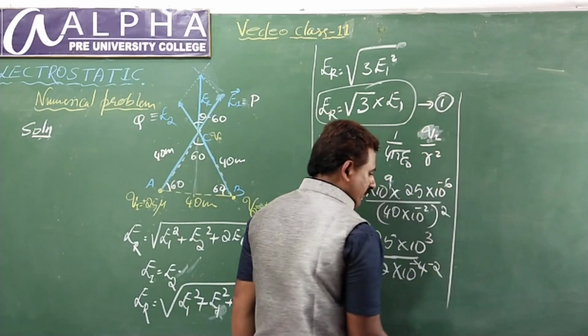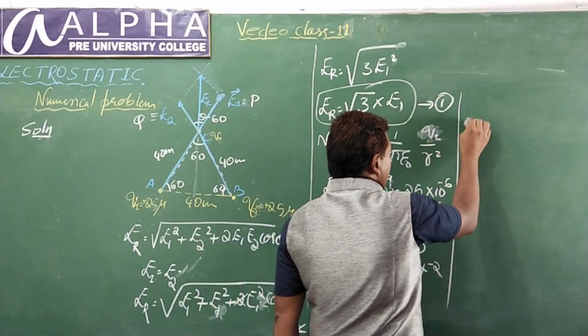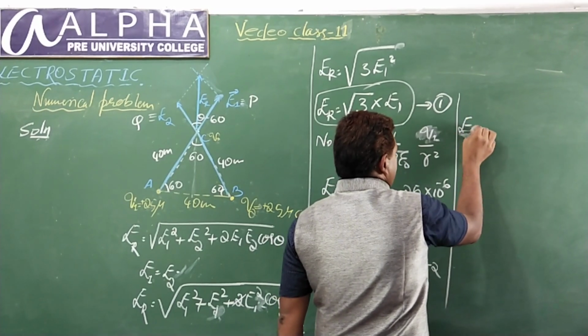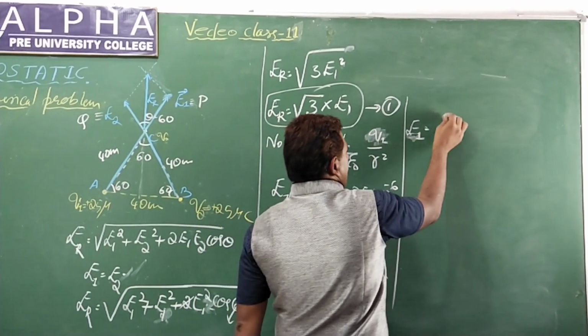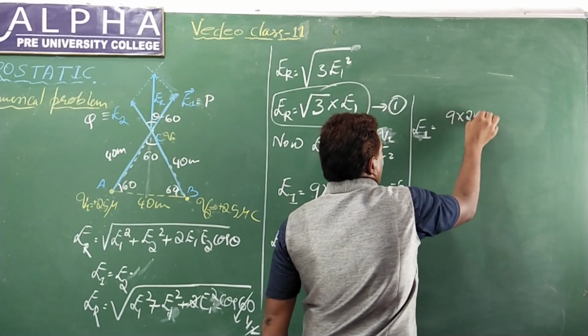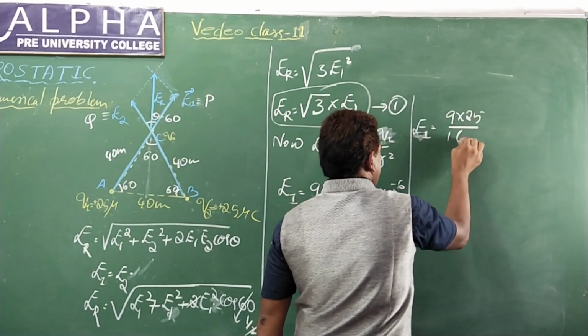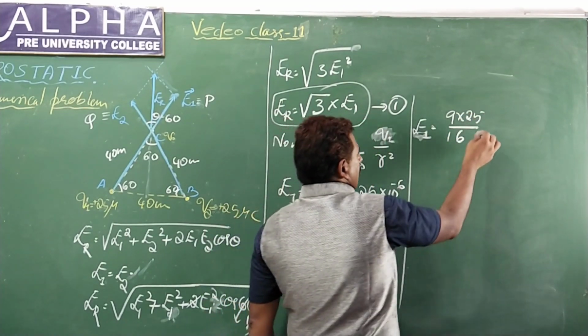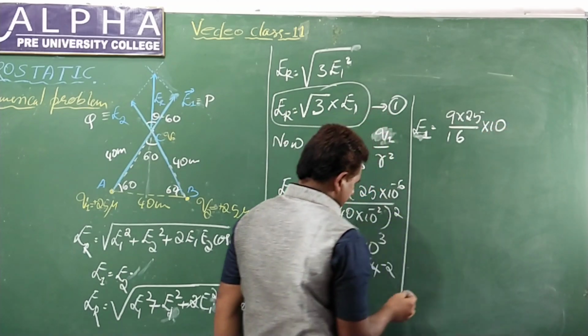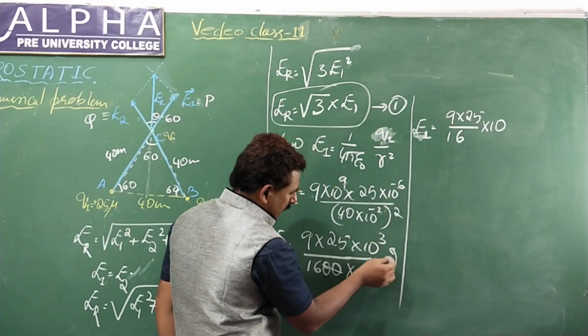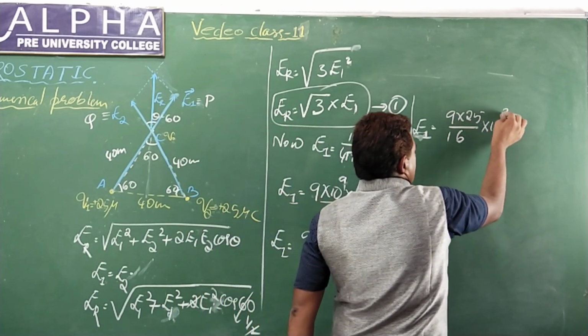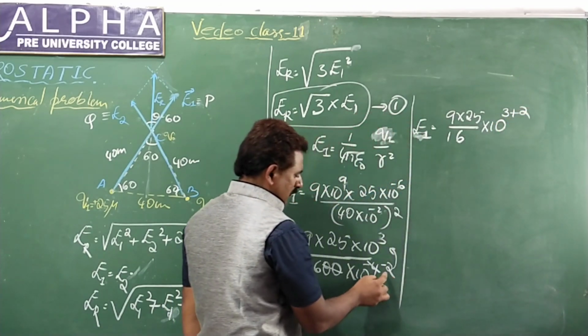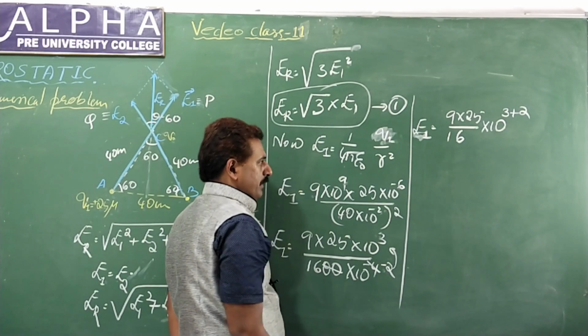So you simplify it further. E1 equals 9 into 25 divided by 16, and 10 raised to the power, see, this minus 2 comes to the numerator, 3 plus 2, plus 2.